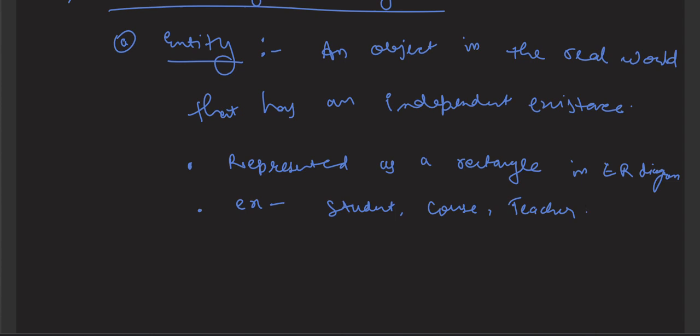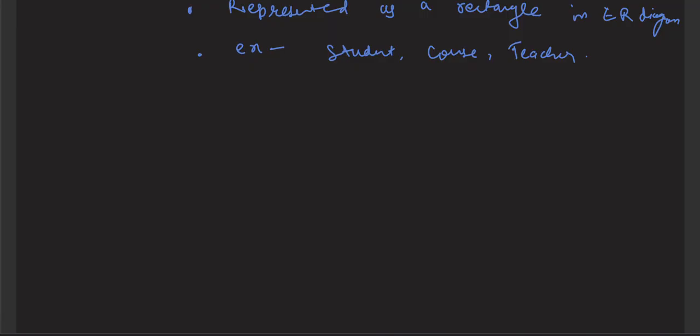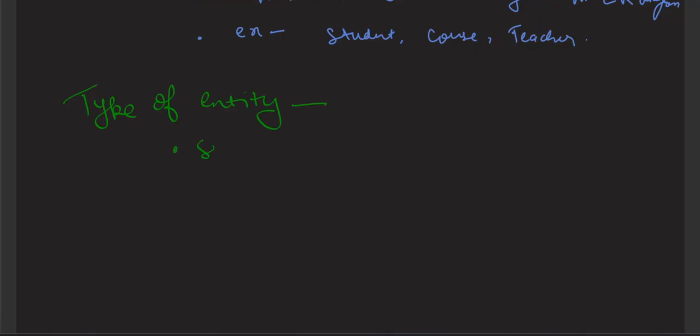Okay. So in entity also there are two types, which you can call a strong entity and a weak entity.